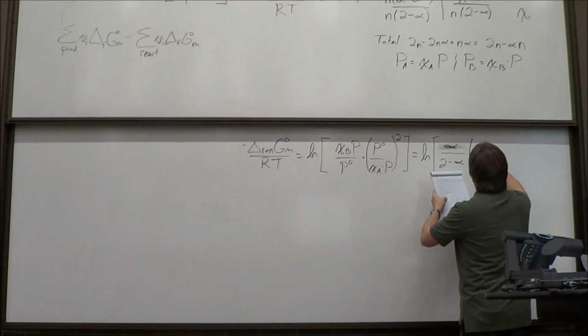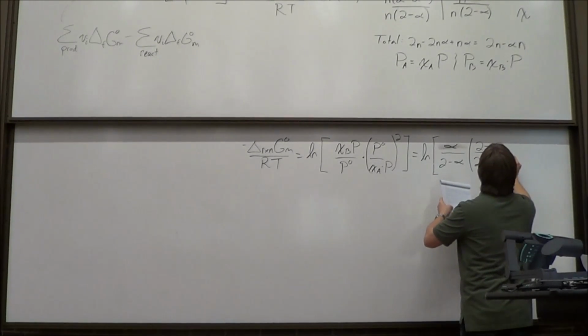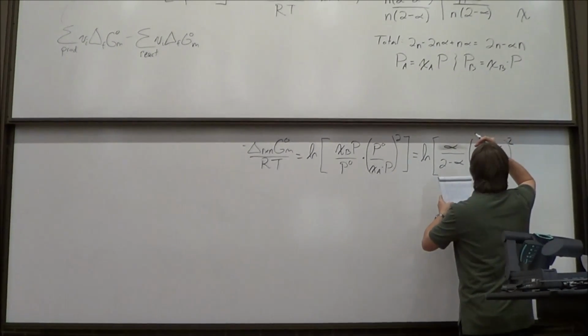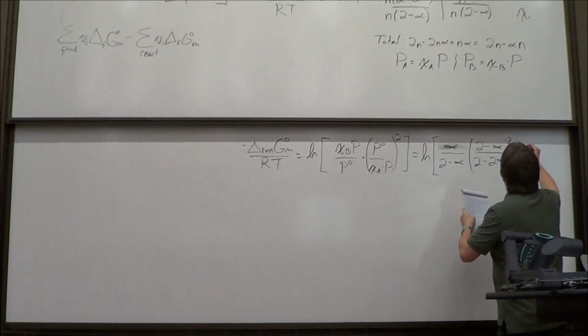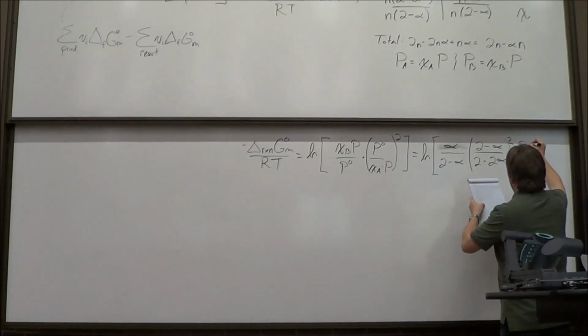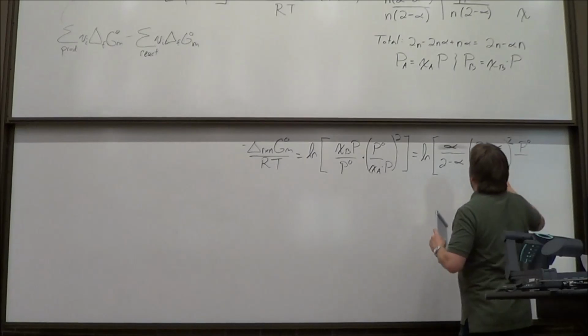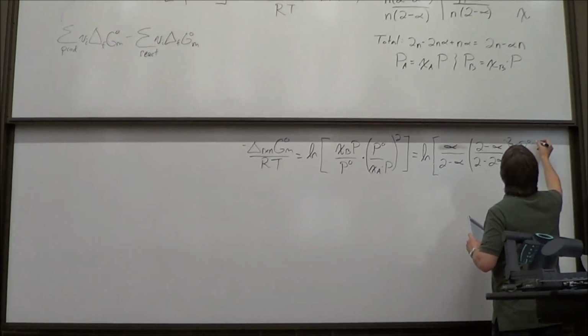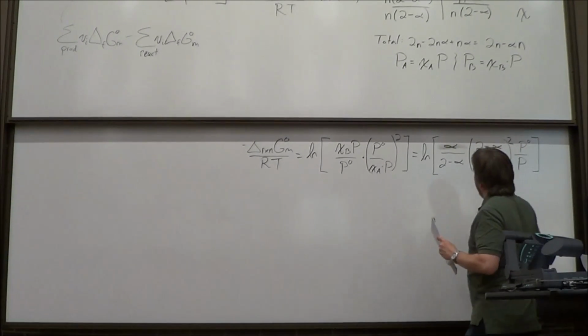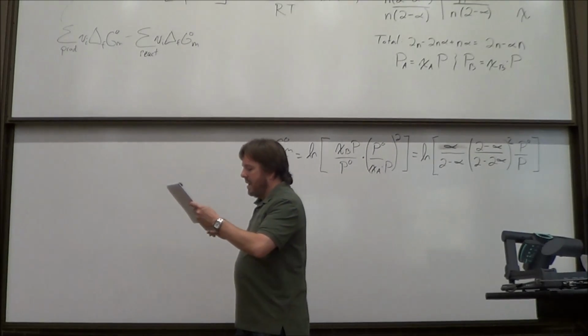Then I've got the other one, 2 minus alpha over 2 minus 2 alpha, squared. Now remember, that's A flipped over. And I've got to remember my effective pressures. I'm going to have P naught on top and the total pressure on bottom.